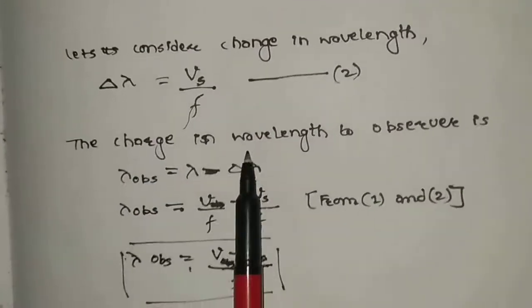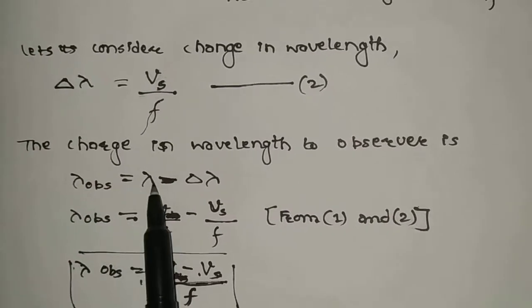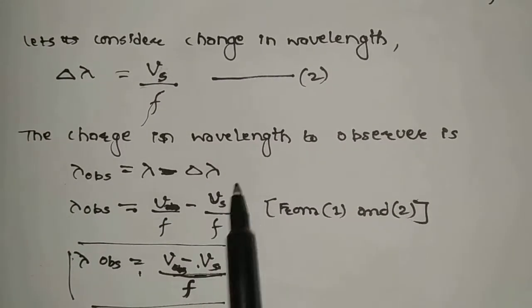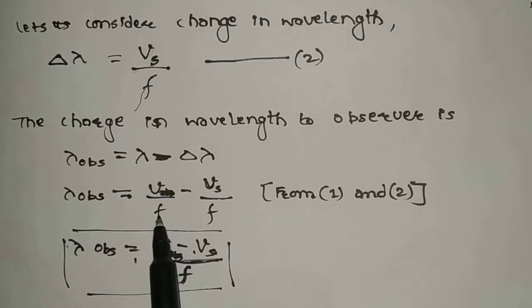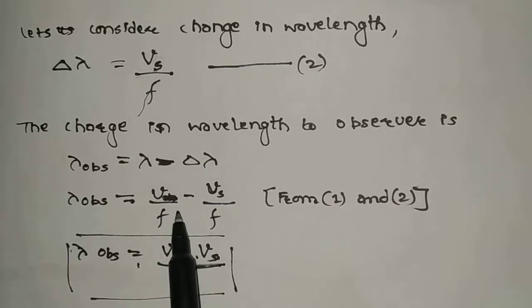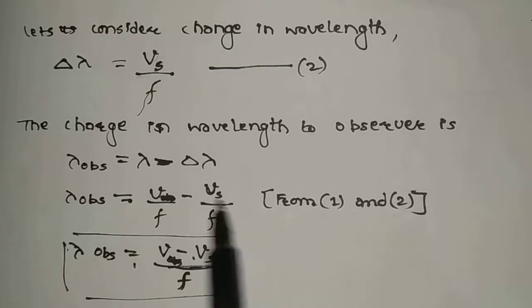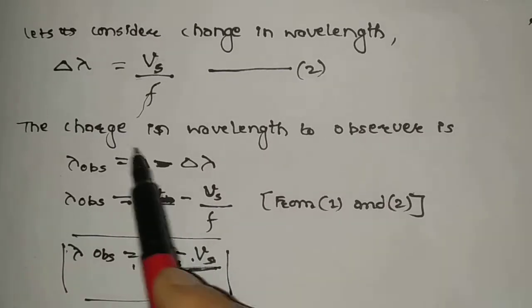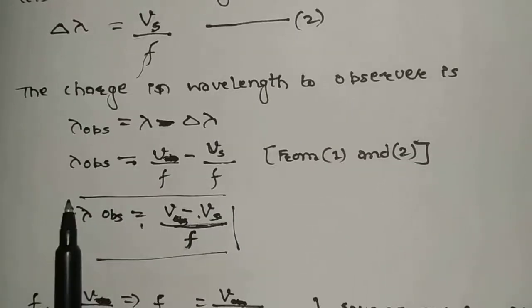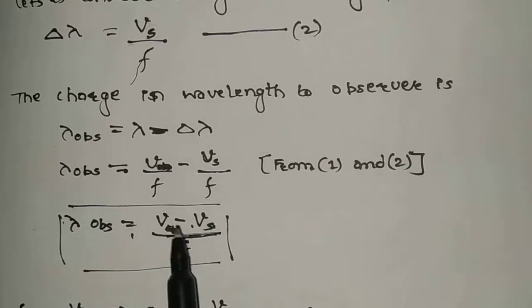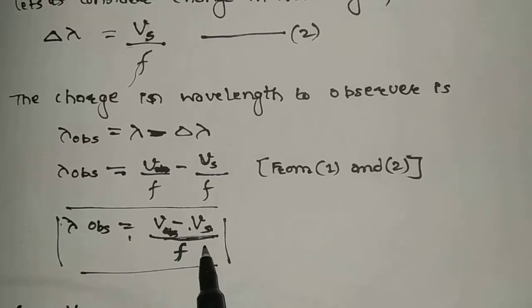Now the wavelength observed by the observer is lambda observer equals lambda minus del lambda, or lambda observer equals V by F, that is sound speed divided by actual frequency, minus source speed divided by actual frequency. I substituted lambda and del lambda from equations 1 and 2. So lambda observer equals V minus Vs, divided by the actual frequency F.